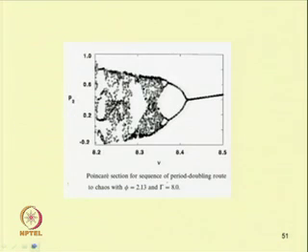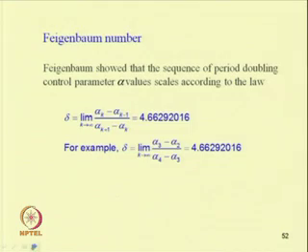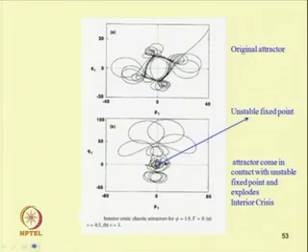So, one can plot the Poincare section. Up to this it is periodic, then 2 periodic, then 4 periodic, and then chaotic response. And one can use the Feigenbaum number to check whether they satisfy the Feigenbaum number or not in case of the period doubling route to chaos.